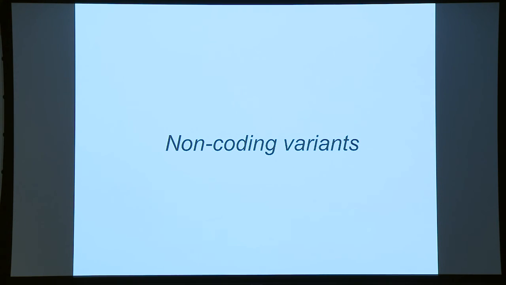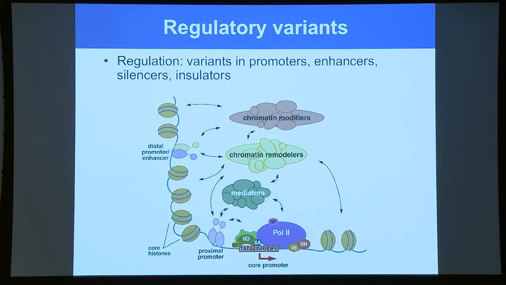So here the problem is completely different, and for now the problem is even to understand what drives this plethora of weak effect non-coding variants. And the idea is, again, the importance of regulatory variation. So variation involved in changing gene regulation.